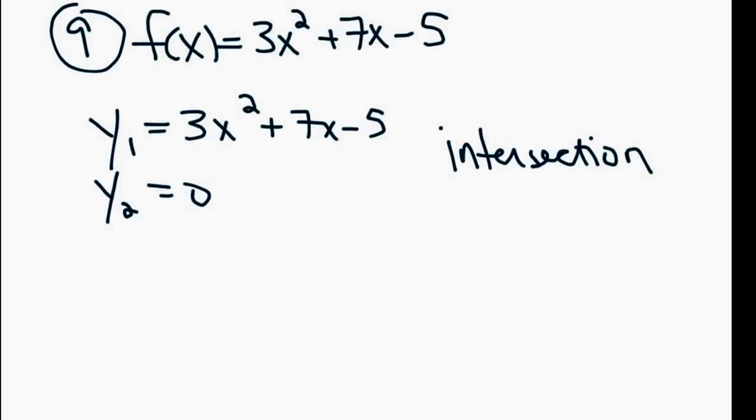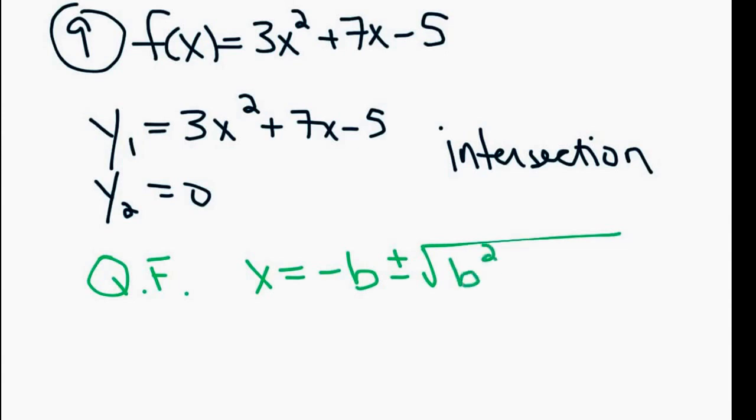But remember that anytime you have a quadratic equation, if you don't know how to solve it, the quadratic formula works every time. Whether the answers are real, imaginary, irrational, x equals negative b plus or minus the square root of b squared minus 4ac all over 2a.